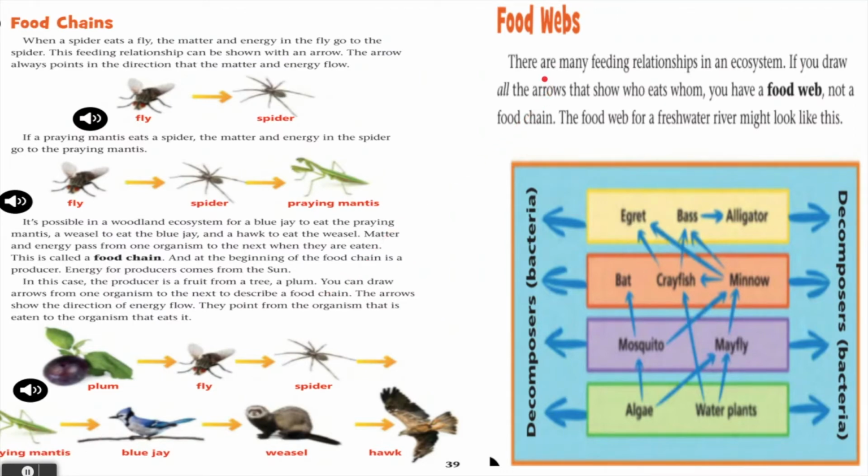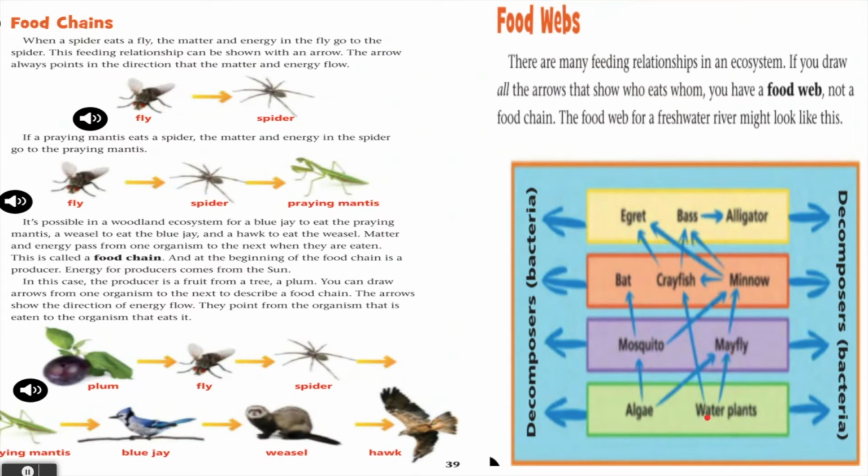Since there are many different relationships or different ways animals can be eaten, we can also use a food web. If you draw all the arrows that show who eats whom, you have a food web, not a food chain. The food web for a freshwater river may look like this. For example, we have algae at the bottom, and the algae can either be eaten by mosquitoes or mayflies.